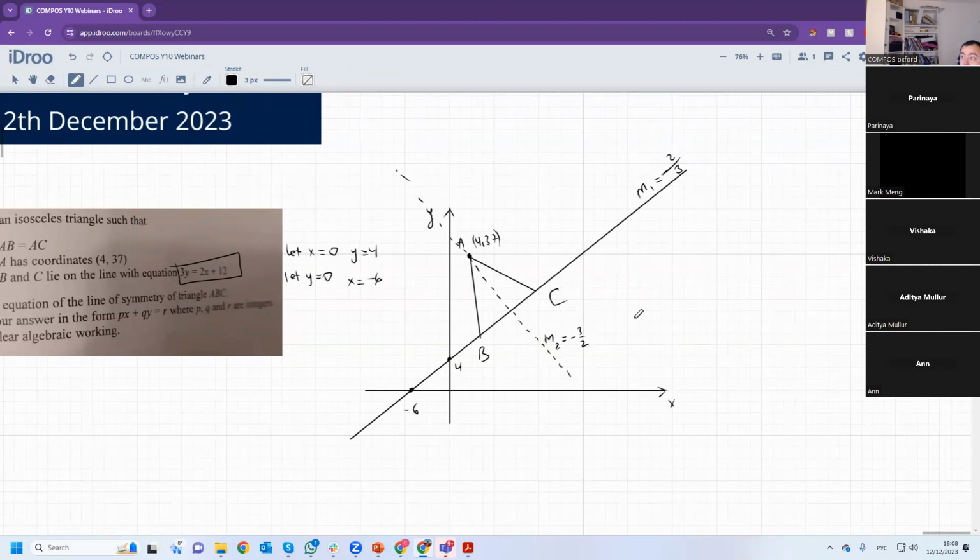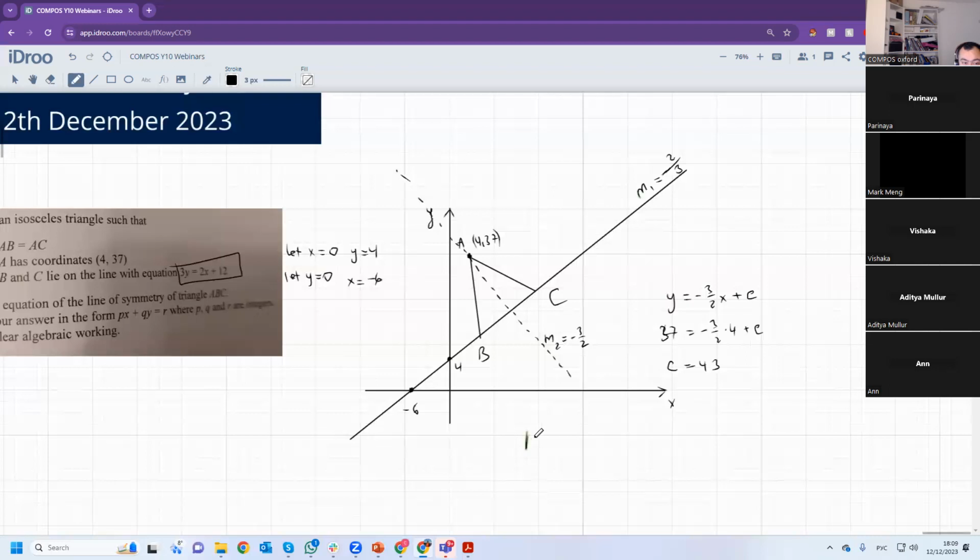And of course, we have, yes, Dennis, almost, plus 43. That is correct. Because it goes through point A, the equation is y equals minus 3/2 x plus c. To find c, I plug in the coordinates of A. So 37 equals minus 3/2 times 4 plus c, and here c is 43.